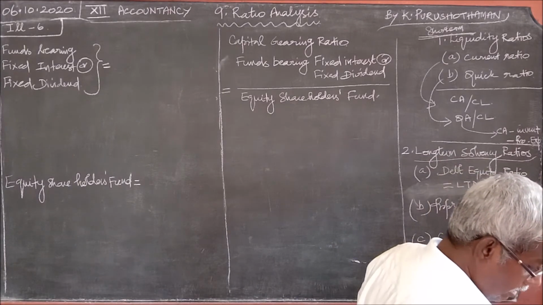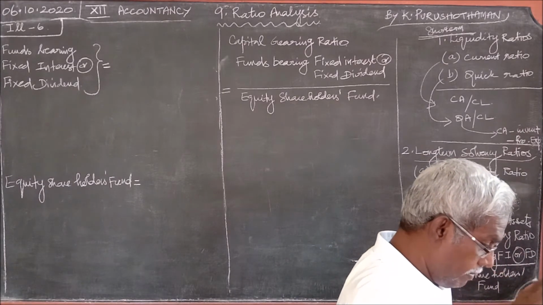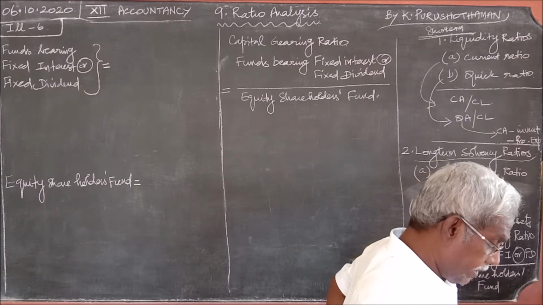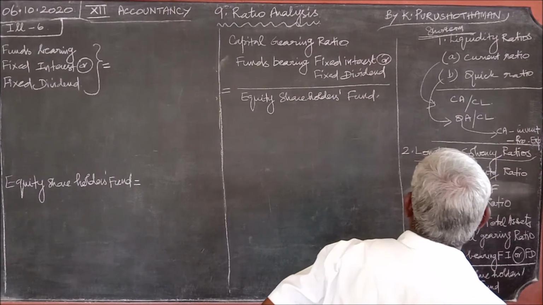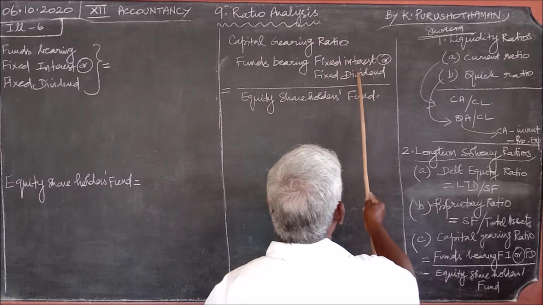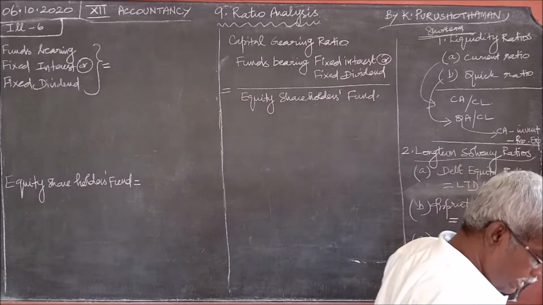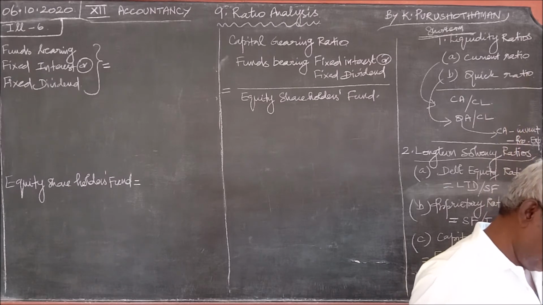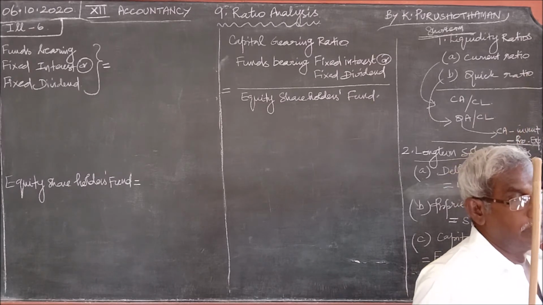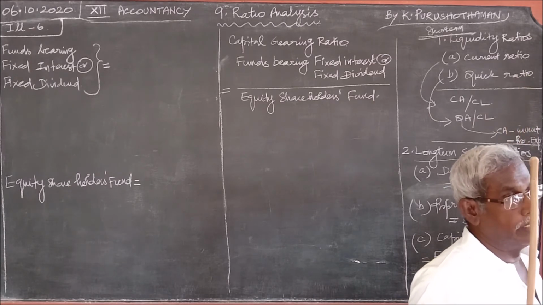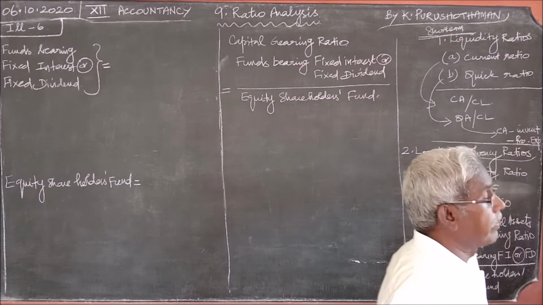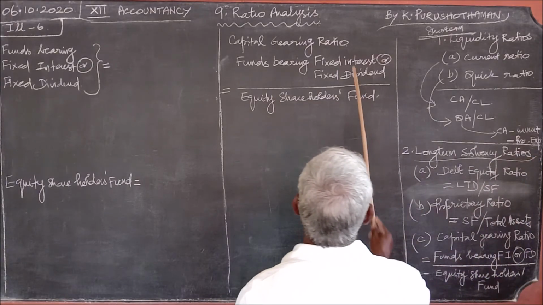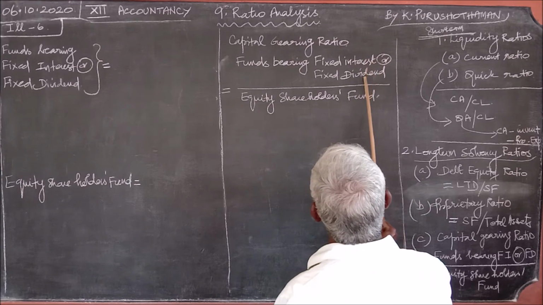Here, what are the funds bearing fixed interest and fixed dividend, the numerator? What are the items there? First we should know what is this fixed interest and the fixed dividend.